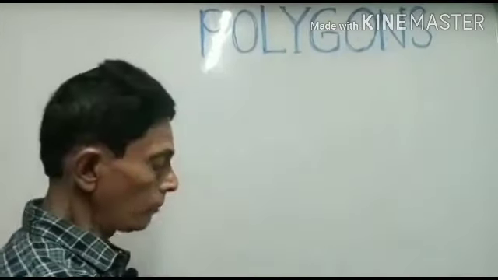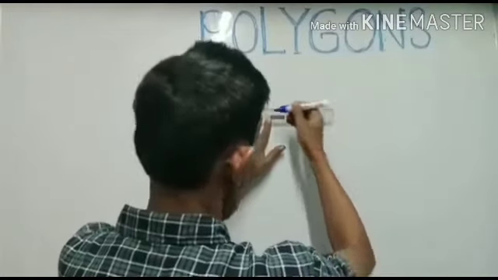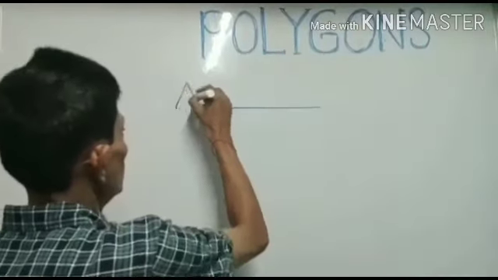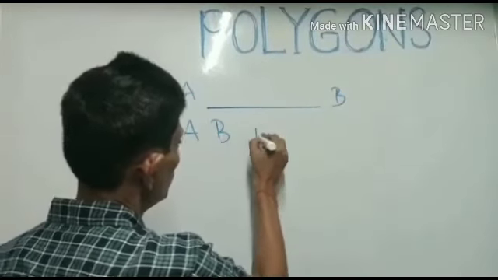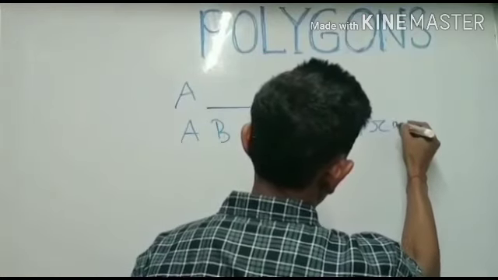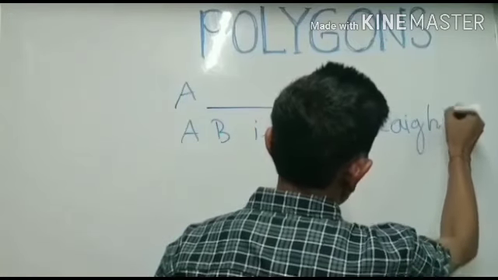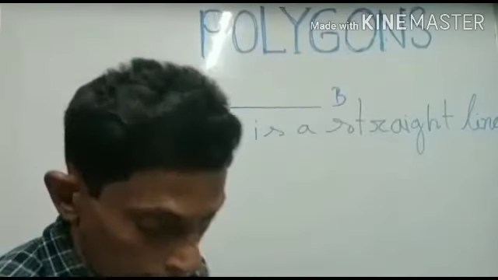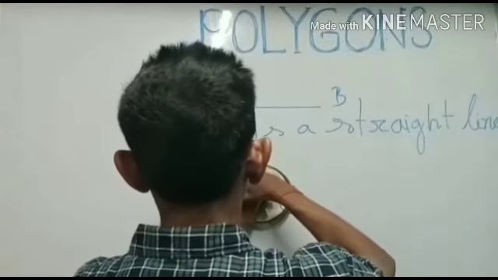First, I'm drawing a straight line. Moving a pencil with a straight edge, we get a straight line. Suppose here AB is a straight line. And moving a pencil with a curved edge, we get a curved line.